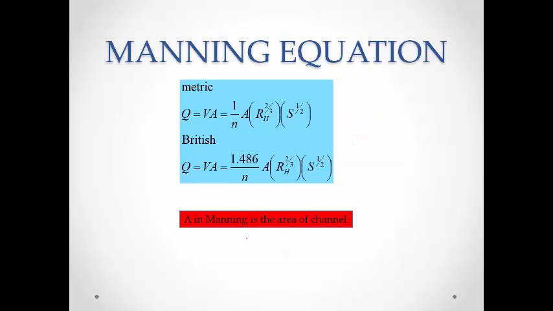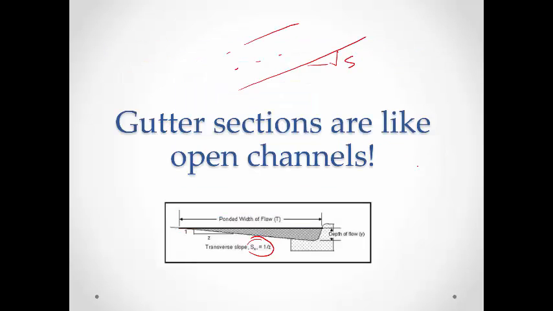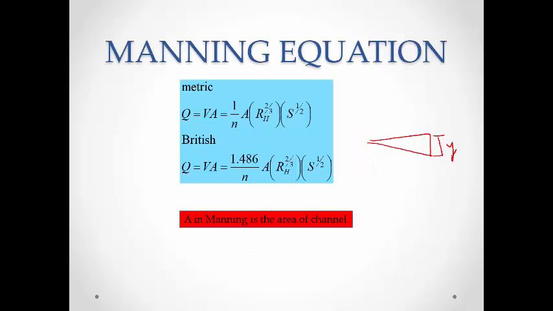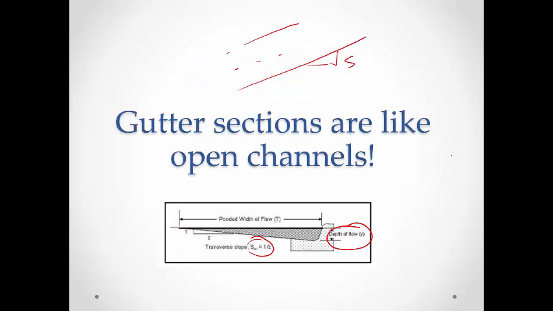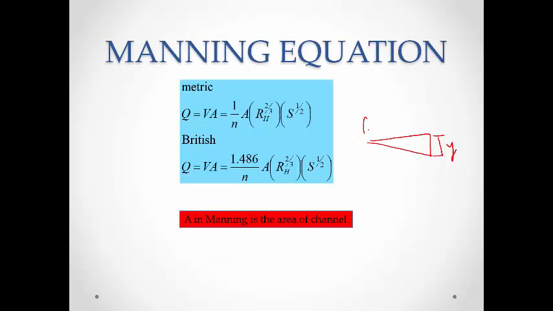Being an open channel, you use the Manning equation, for example, and A is the area of the channel, but if you're in the street, if you look here at the depth of the flow y, this is your y, then you have your T, and then of course now you have, let me use the correct nomenclature, Sx.